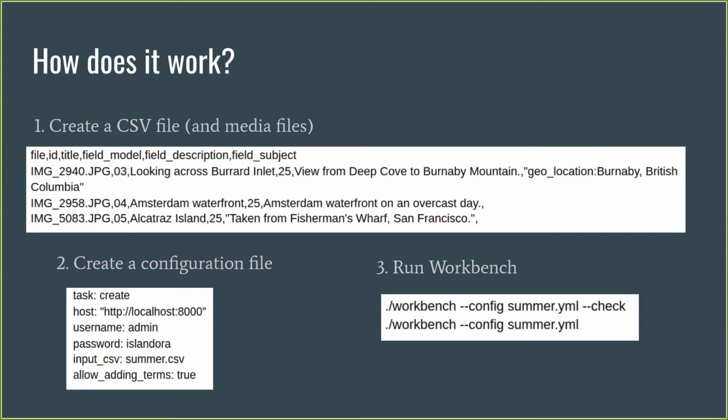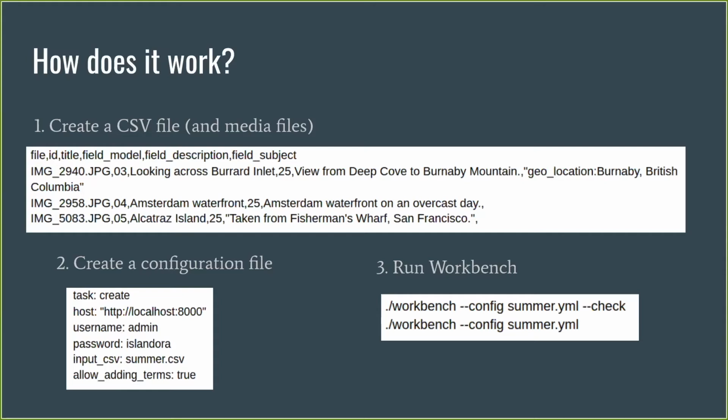Doing this in CSV using Workbench, if the field you're populating is only linked to one vocabulary, then you don't need to do anything. You just put in either a label like this one, Burnaby, British Columbia, or a term ID, 110. Doesn't matter. Or you can even use a URI if you've configured your taxonomy terms to use linked data URIs. You can use a linked data URI in this field as well.